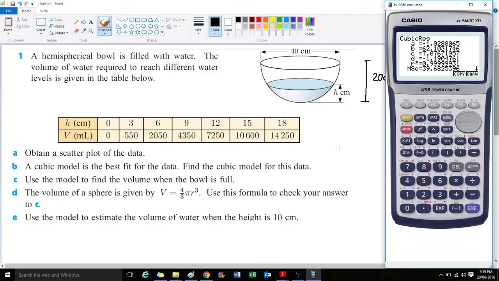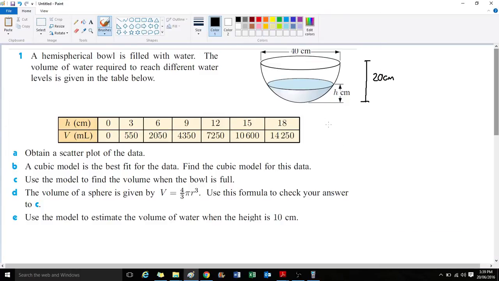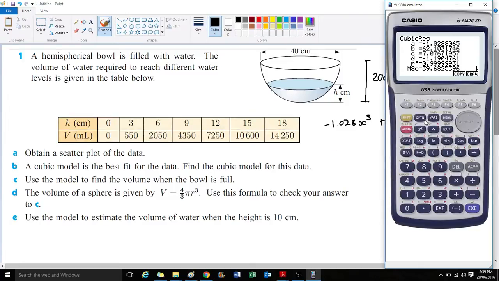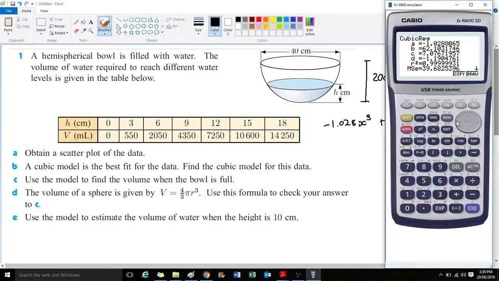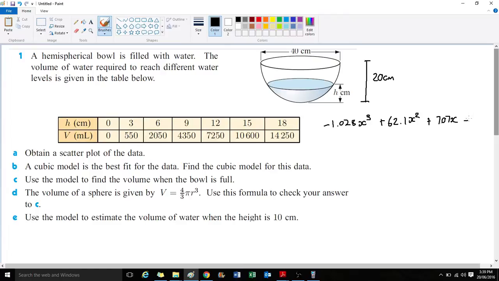So we have minus 1.028 x to the power of 3 plus 62.1 x squared, and then we have plus 7.07 x take 1.19. Okay, so that's our cubic model.